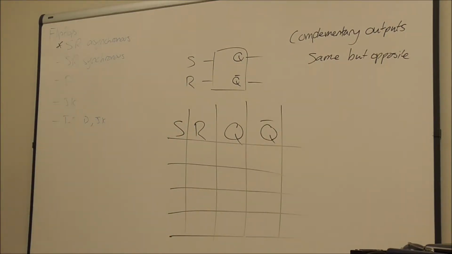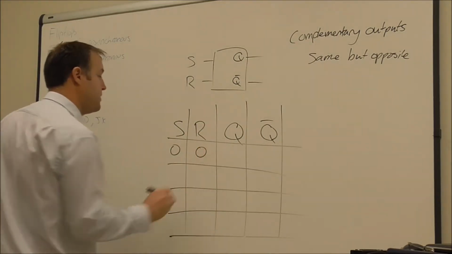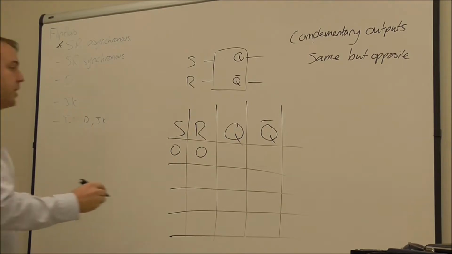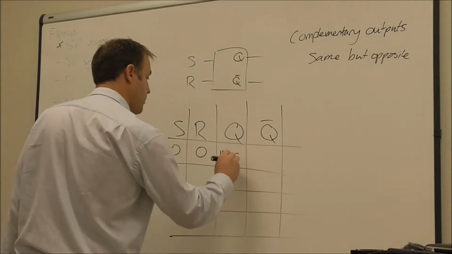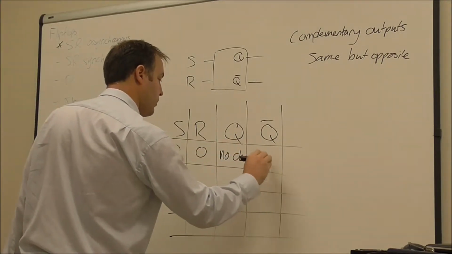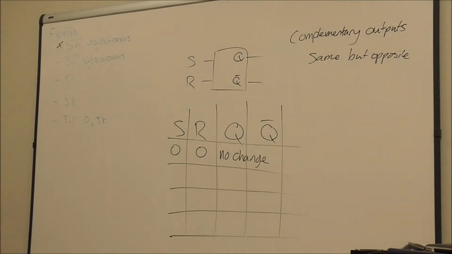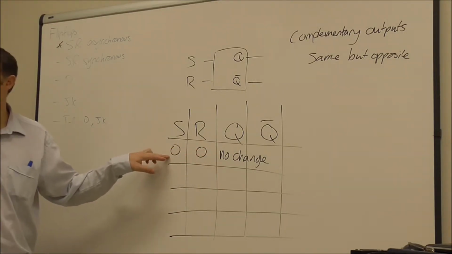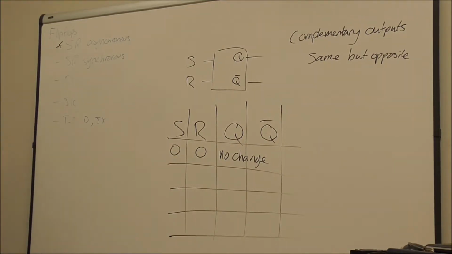Okay, so when both S and R are 0, so these are logic levels, logic 0, we get no change. What that means is if Q is high, and by definition Q bar is low, then when S and R are both 0, that just stays that way until we give it a disturbance.